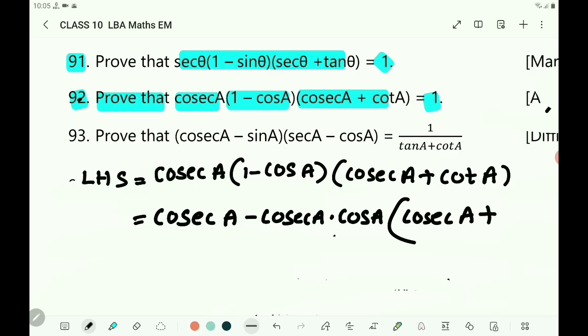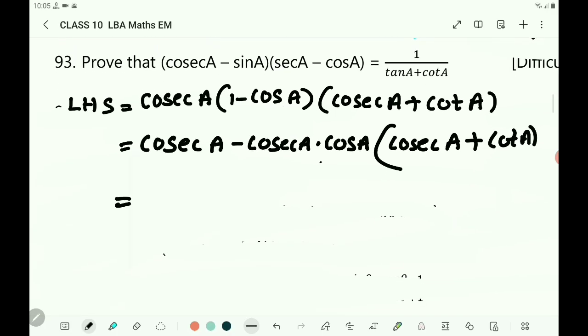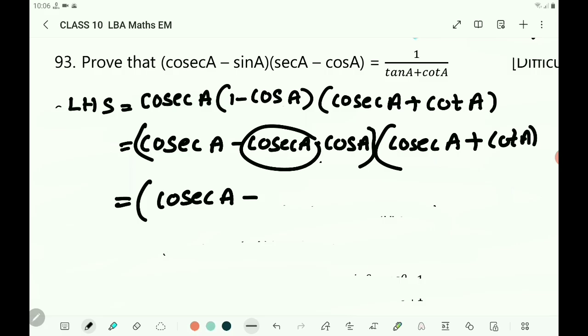Cosec A plus cot A. In the next step, here you must write this in the bracket. Here cosec A you write cosec A only, minus you write it as cos by sin. Cosec is the reciprocal of sin, so you can write cos A, take this cosec to the denominator, it becomes sin.